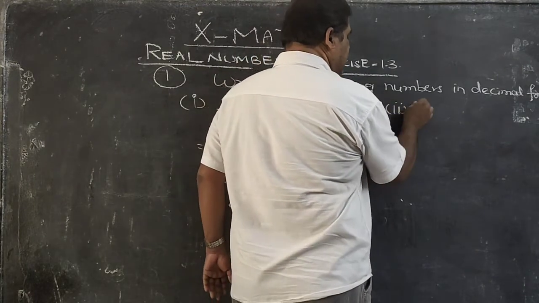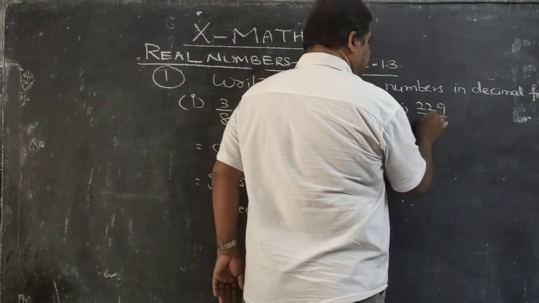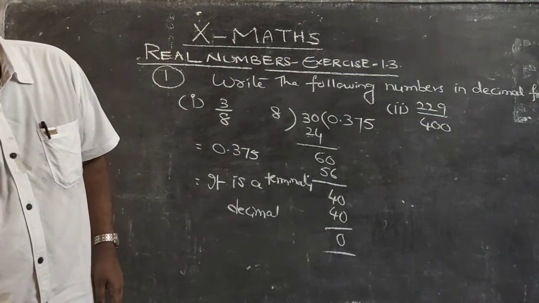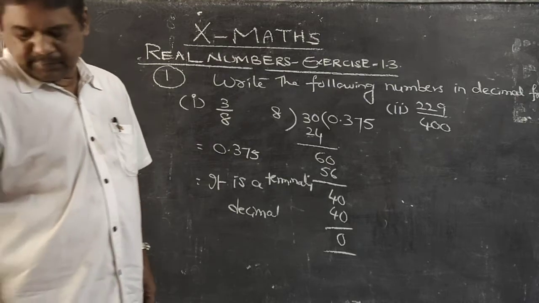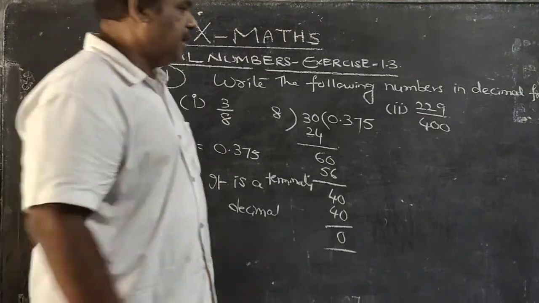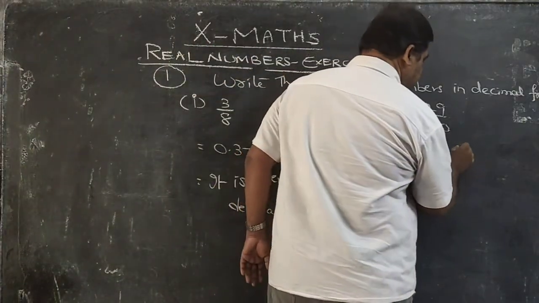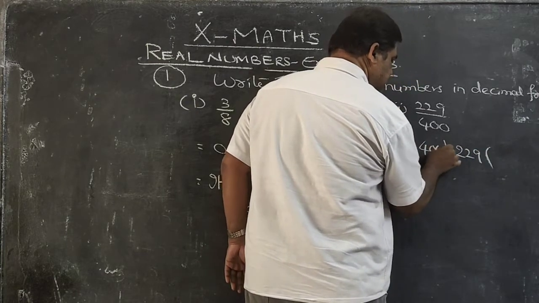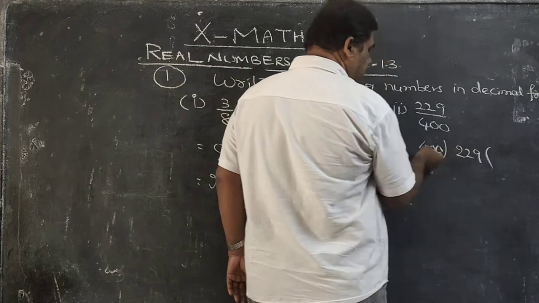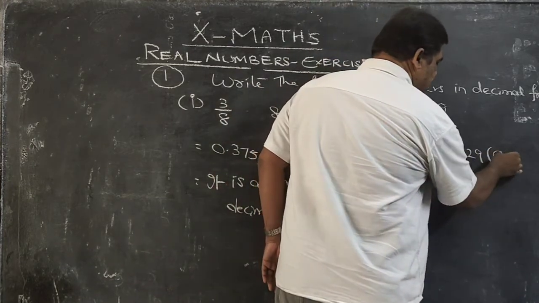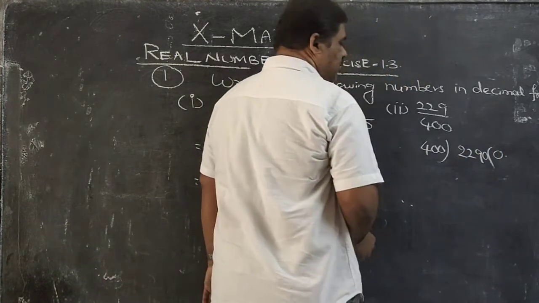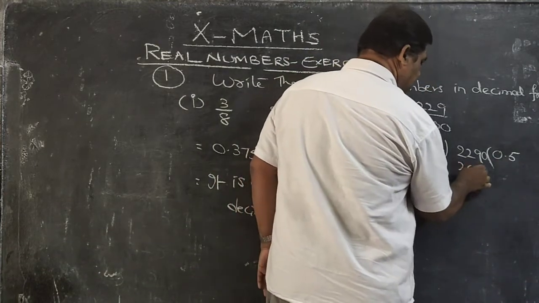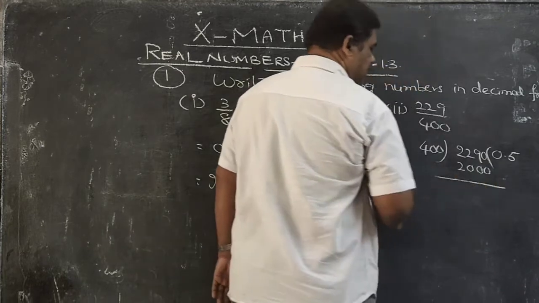Write the second one: 229 by 400. Now we should divide 229 by 400. 229 is less than 400, so write 0 point and here you keep 0. 5s are 2000.